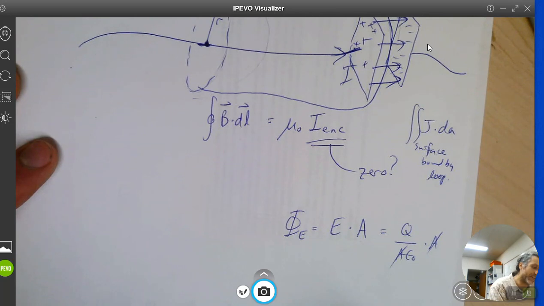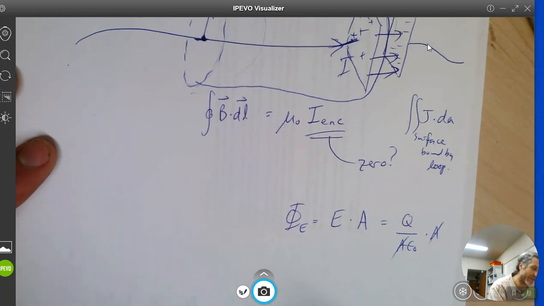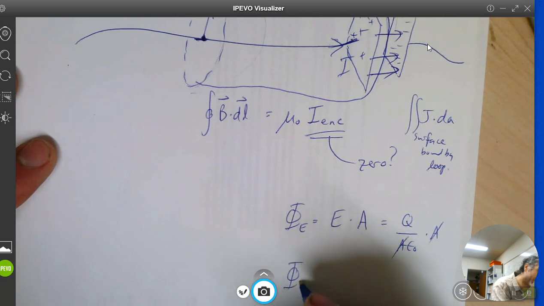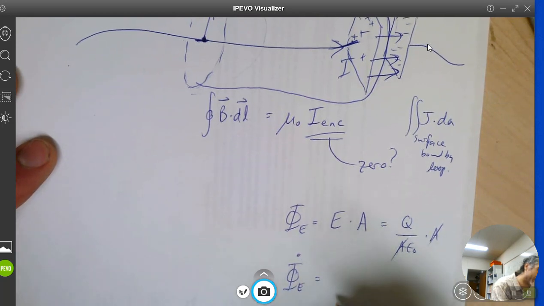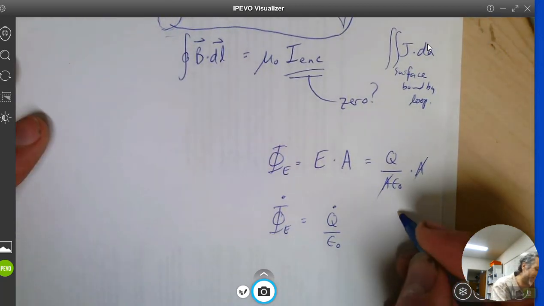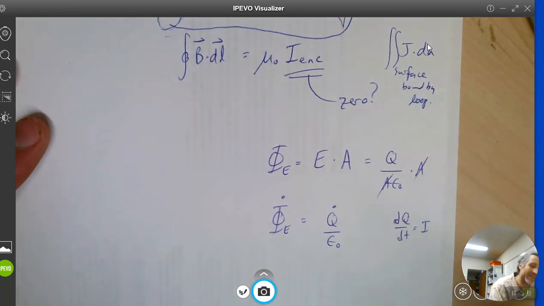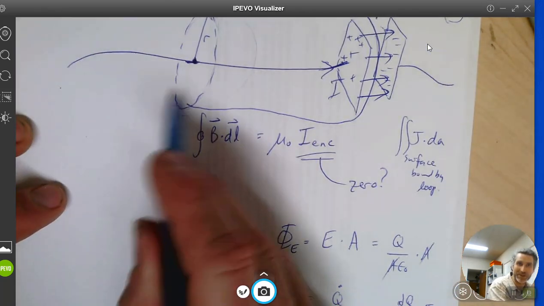So I wonder if I could massage it so that this flux term could make up for the fact that I didn't get my I enclosed. Well, if we look at the derivative of this, we can see that it's going to be equal to Q dot over epsilon naught. But wait a second, Q dot, that's just dQ by dt, right? That's the same thing as the current that was going into the wire in the first place.